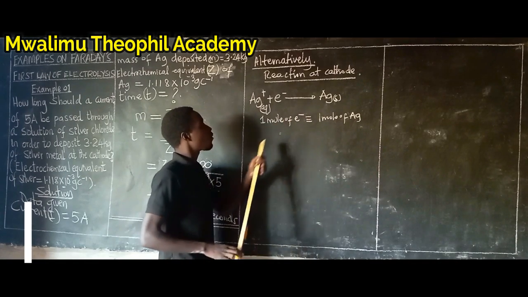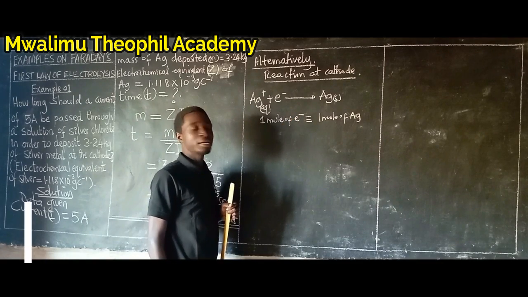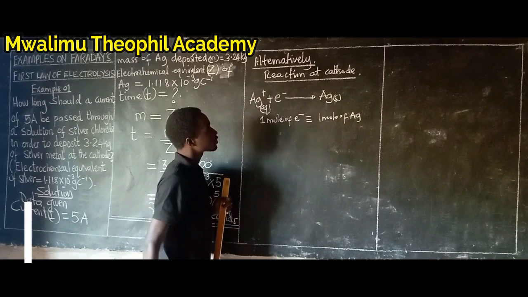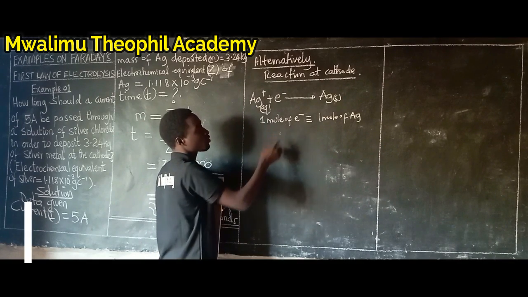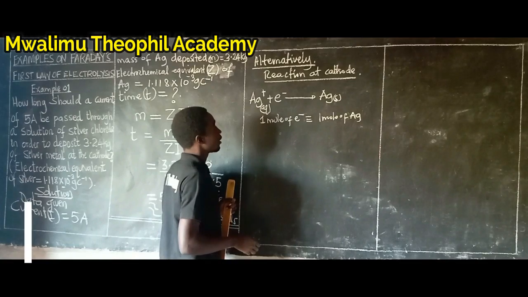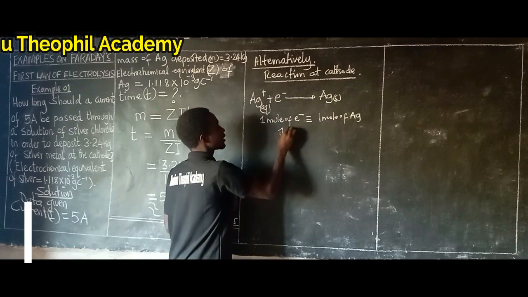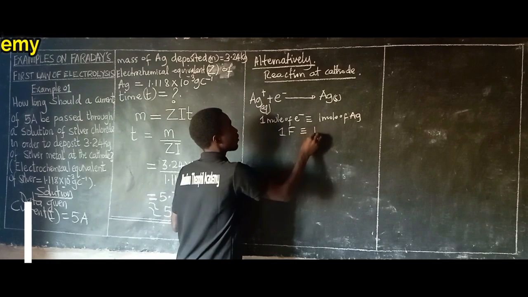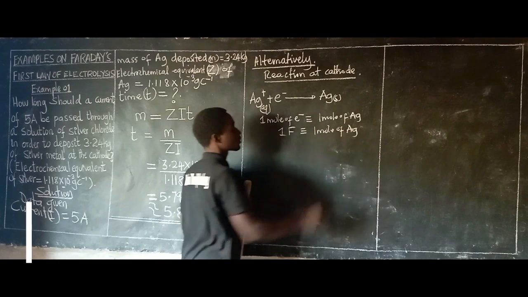Now let us see from this relation. If you remember, 1 mole of electrons is equivalent to 1 Faraday. So instead of writing 1 mole of electrons, I can write 1 Faraday. It means that 1 Faraday is equivalent to 1 mole of silver metal.